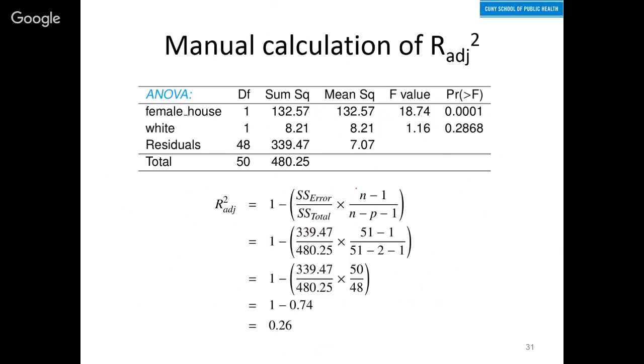We have 51 observations for 50 states plus District of Columbia, and we have 2 predictors here, the female house and white. So the correction here is quite small, 50 over 48, and this value is quite close to what we had. But the more different independent variables you add, the greater the difference comes between R² and the adjusted R².